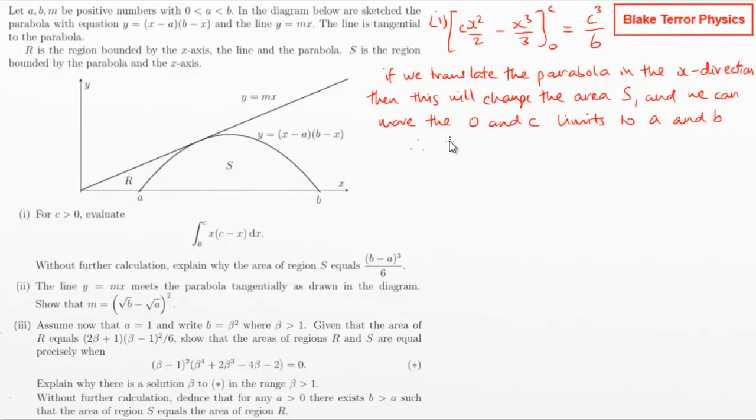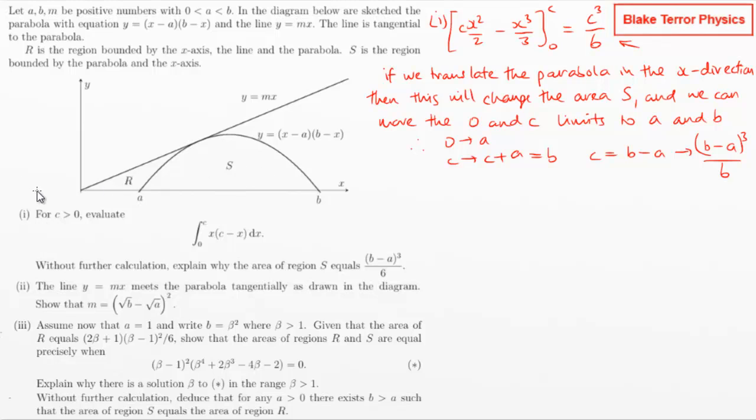We're moving 0 to a, and c goes to c plus a, and that equals b. So therefore c equals b minus a, and we put it into our integral, which will be b minus a cubed over 6.